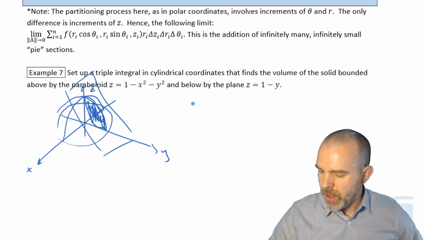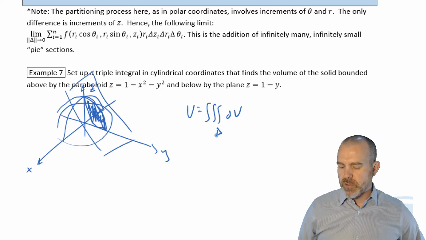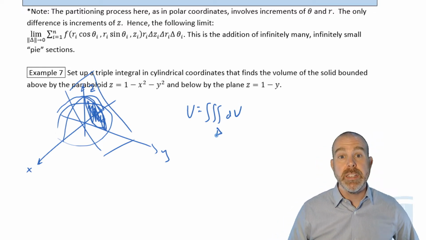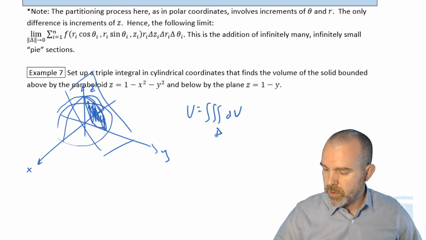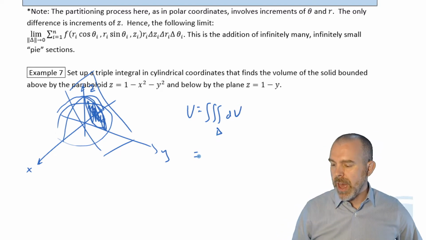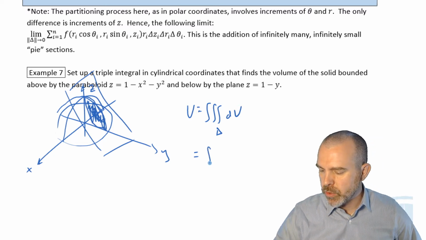Okay, so we want to find the volume, and the volume will be the triple integral dv over the region. So what we're going to do is write this in terms of cylindrical coordinates. So this will be a triple integral, and we're going to have our r dz dr d theta.